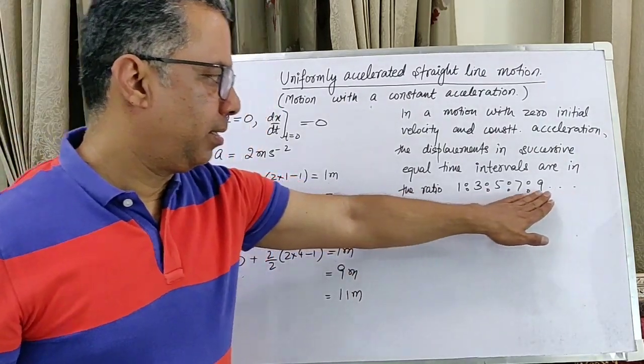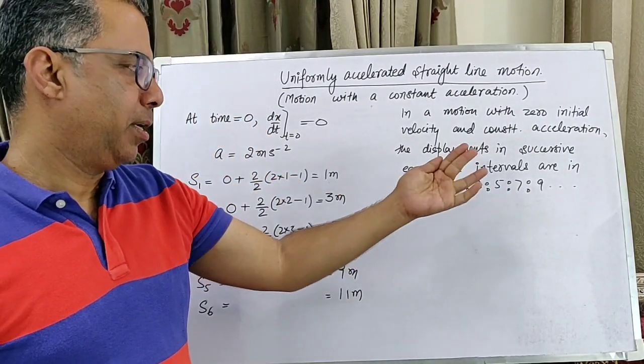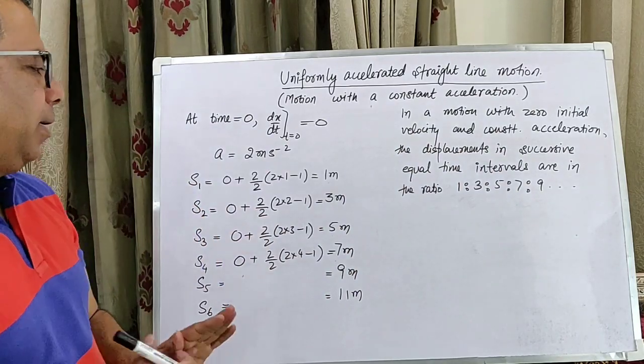This set of ratios is called Galilean ratios.